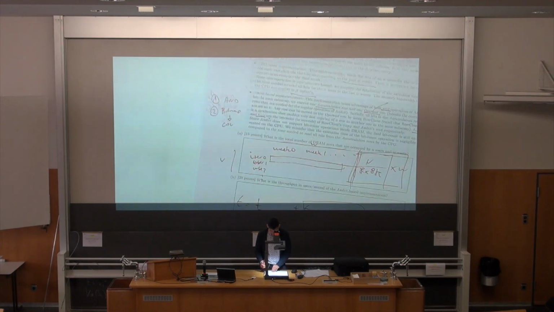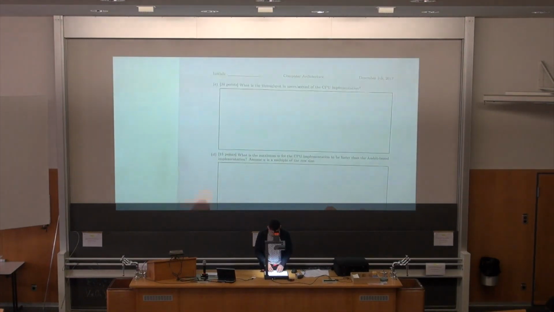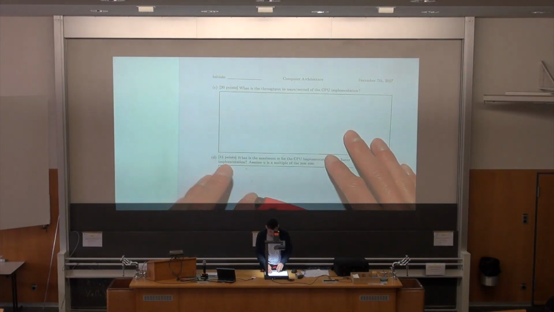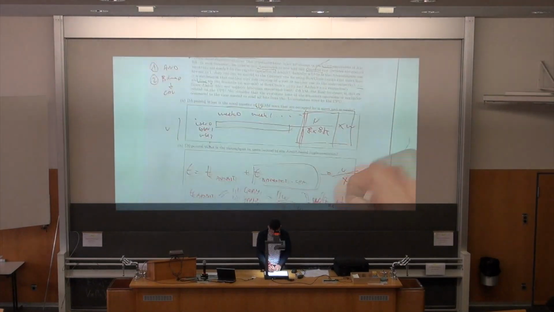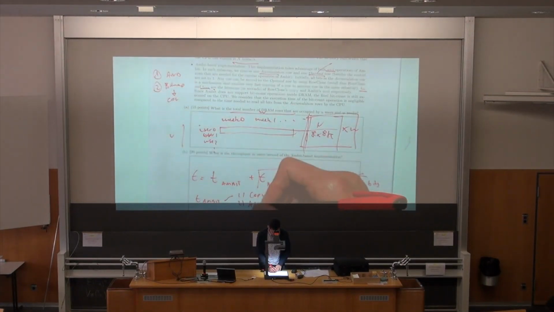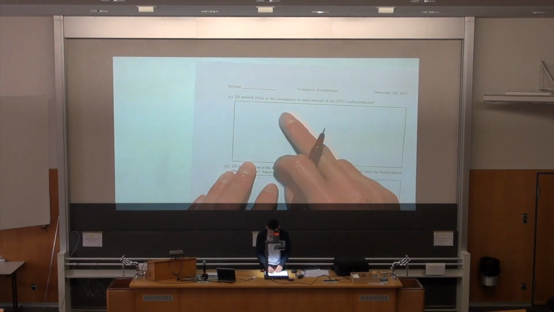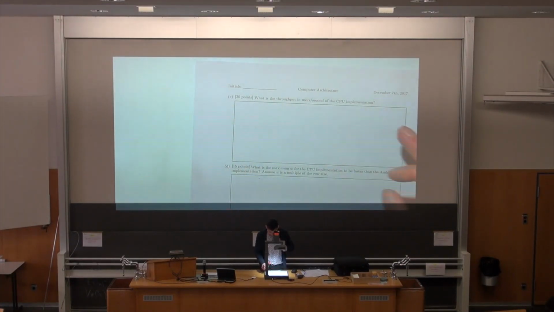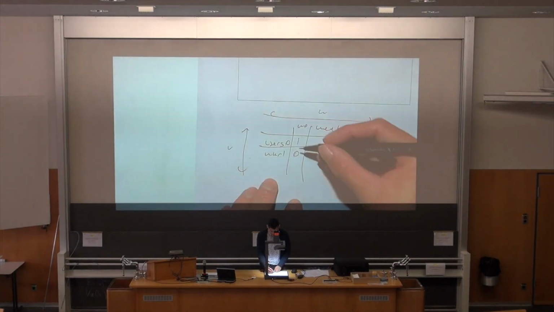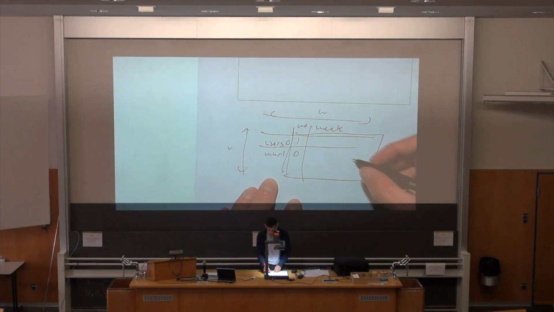Okay. So then we ask what is the throughput? Oh, this is in users per second. This is the time. You just divide by users. Then you ask the same, but for the CPU. So what the CPU has to do basically is load this whole table here from memory and do the computation there.